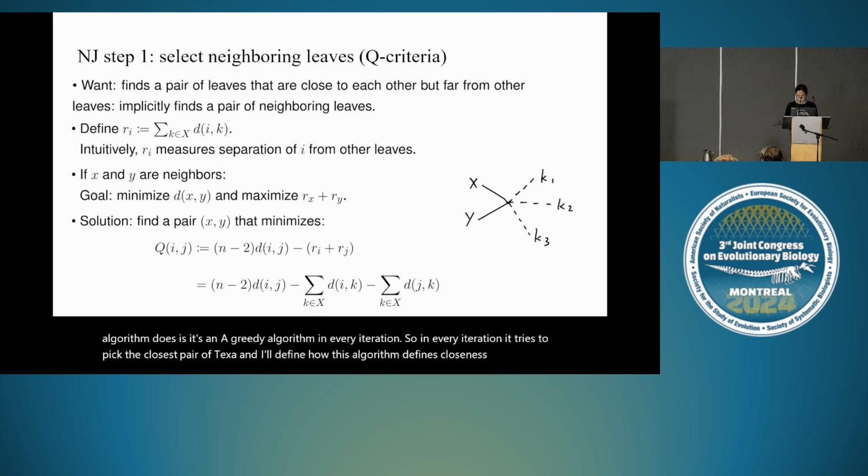The neighbor joining algorithm measures closeness between a pair of taxa by the Q criterion. The idea is to minimize the distance within the pair of taxa picked in every iteration and maximize the distances between that pair and every other taxon in the tree.